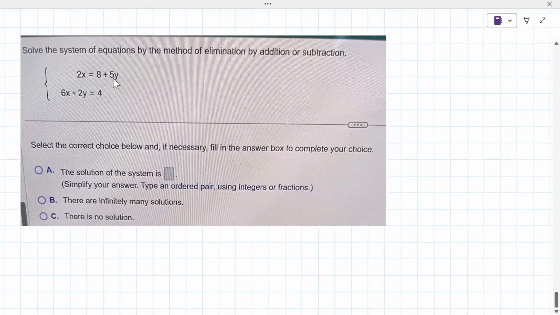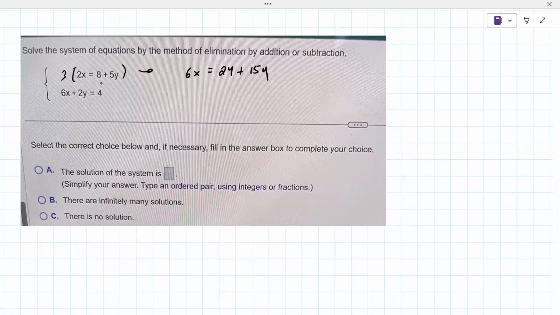You were saying, okay, I'm going to solve for x. If you solve for x, you get a fraction here, which is okay. I don't know that I would solve for x. I would multiply by 3 here, and you get 6x equals 24 plus 15y. And that's what I would put in for 6x.